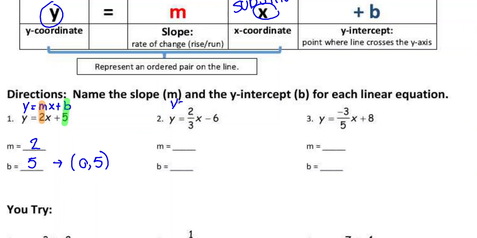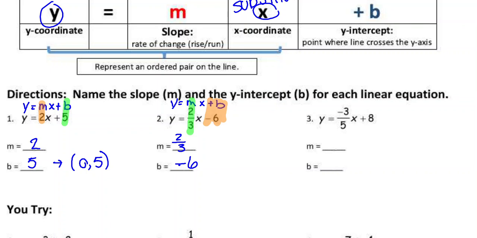So if I have y equals mx plus b again, my slope is 2/3. But my y-intercept, which is what that b is, it's not a positive, it's actually a negative 6. Remember, the sign has to go with the number.